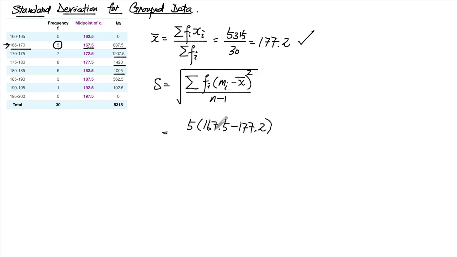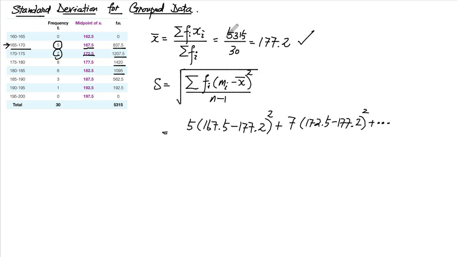And we square this. We do the same thing for the third bin. The frequency is equal to 7, the midpoint is 172.5, and it deviates from the mean by this amount in the brackets. And we do the same thing for all the other bins.